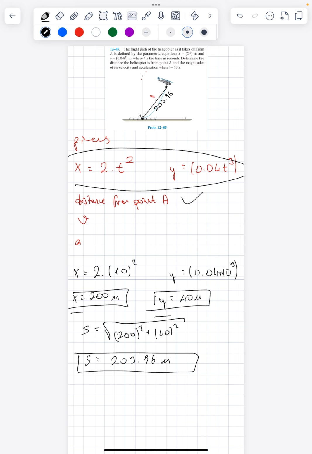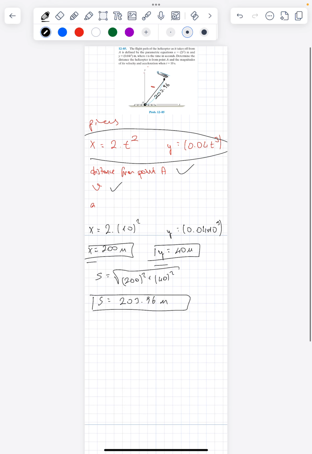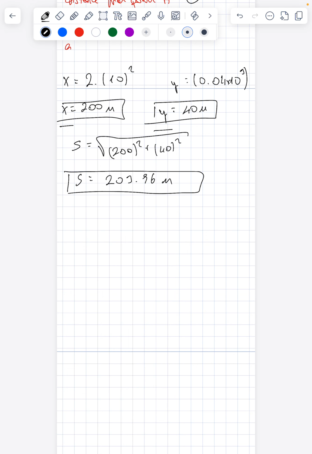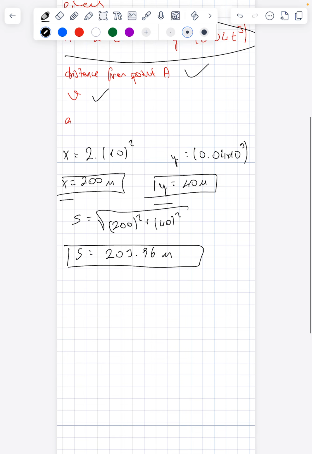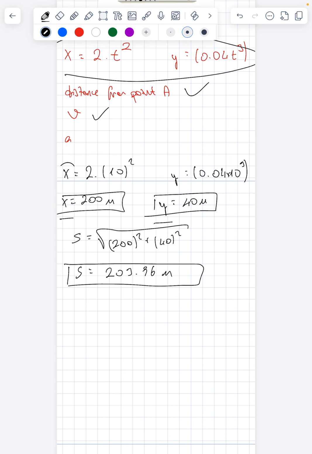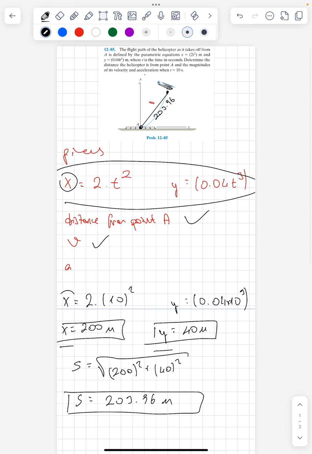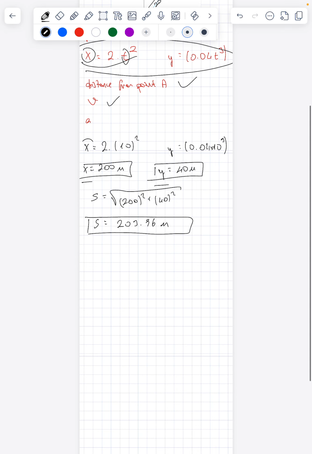Let's check. So I need to find the magnitude of v. How can I find this velocity? I have a distance function, and this distance function depends on t, time. I think you know that formula, guys.